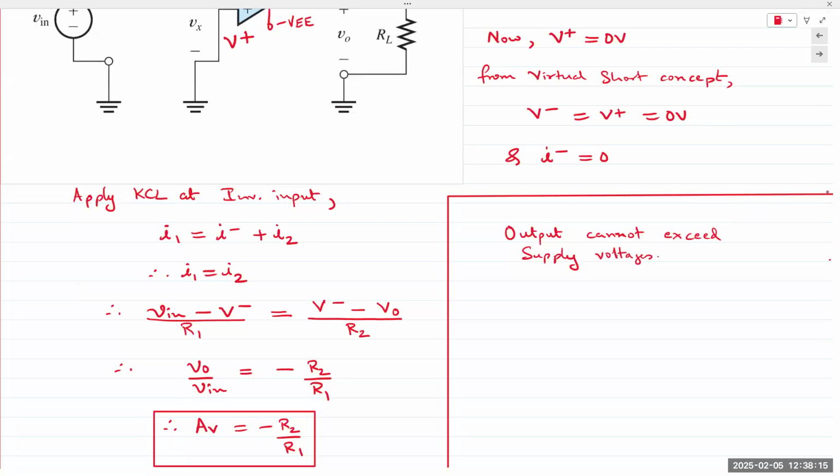If the supply voltage max is plus minus 10 volts, your output cannot increase beyond those limits. If your supply voltage is 100 volts, your output cannot exceed 100 volts. If your supply voltage is 1000 volts, you can get 1000 volts. So all of the energy in the circuit is contained and cannot exceed the supply voltages.